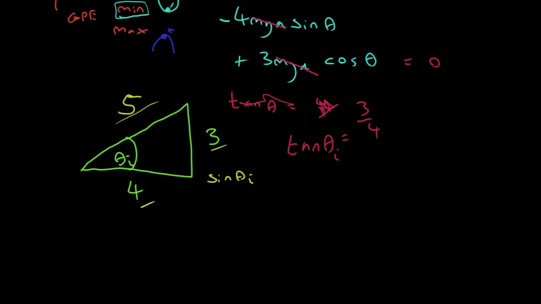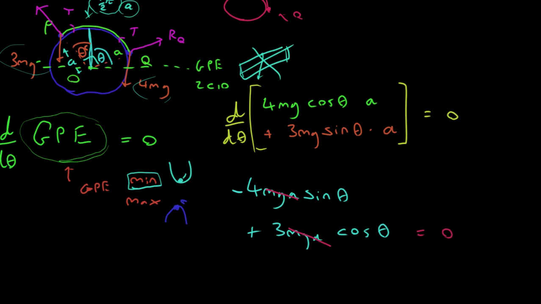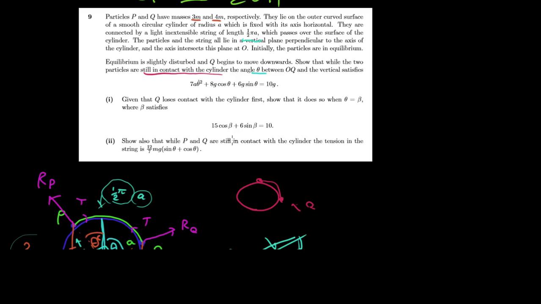So sine theta I in this case is going to be 3/5, and cos theta I is 4/5. So that might be helpful later. Having that trick, when we used this property of differentiating the gravitational potential energy, that was very neat. Okay, so that's interesting.